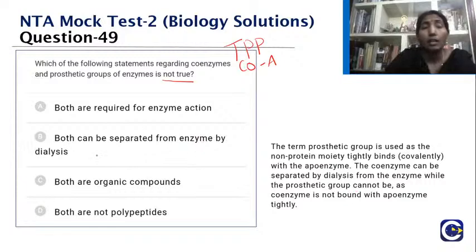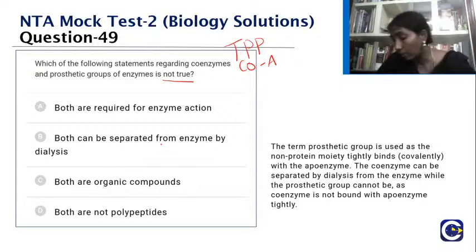So what is the thing they are asking which is not true? Both can be separated from the enzyme. Both are not polypeptides, that cannot be the option. Okay, the answer is both can be separated from the enzyme by dialysis. That should be your answer, Neelambari.